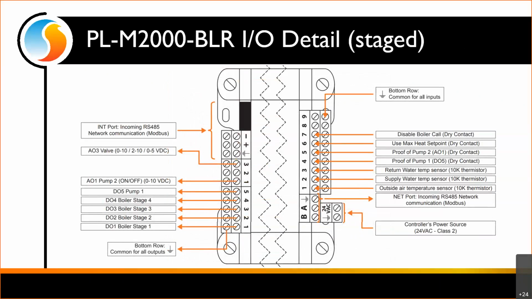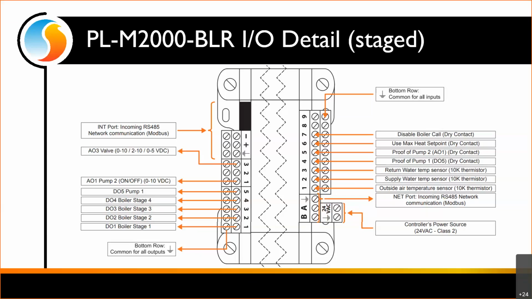Very bottom corner, we've got the 24 volt AC power supply. And then stacked on top of that, a communication port that we could connect to. There is also another communication port on the opposite corner up on the top left that we could hit with our COM bus. Either way, again, we'll be able to pick up that communication.